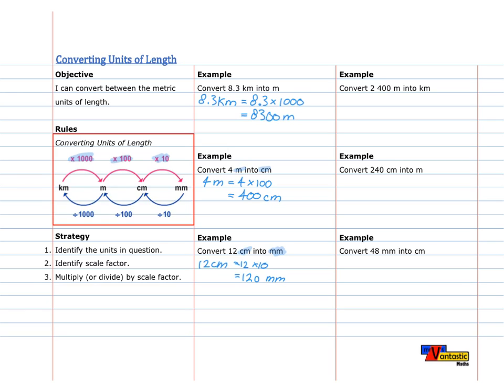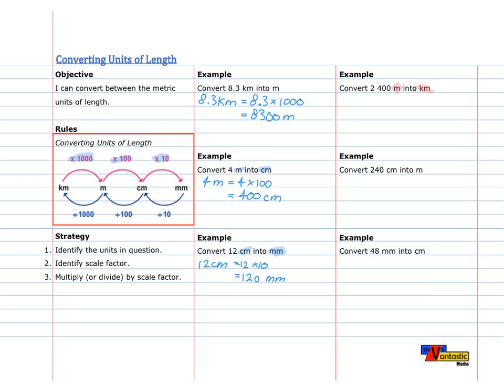Of course, we also want to be able to do this in reverse. So we want to be able to go from smaller units into larger ones. And when we go from a smaller to a larger unit, we divide by these same scale factors. So over here, we want to convert 2,400 meters into kilometers.